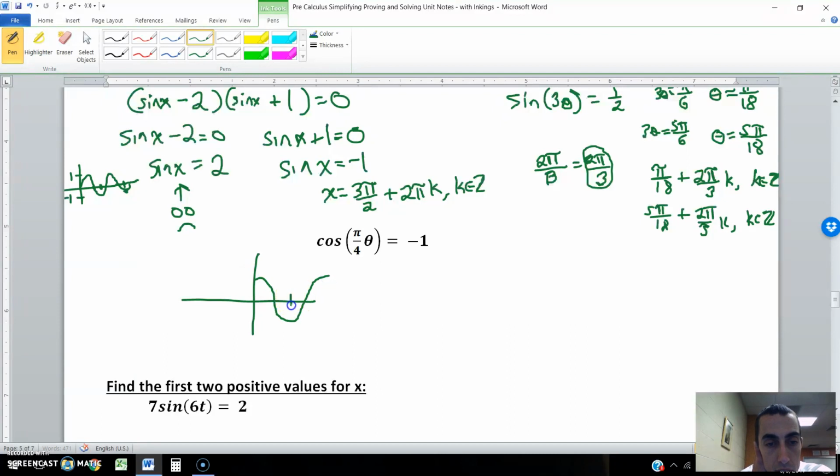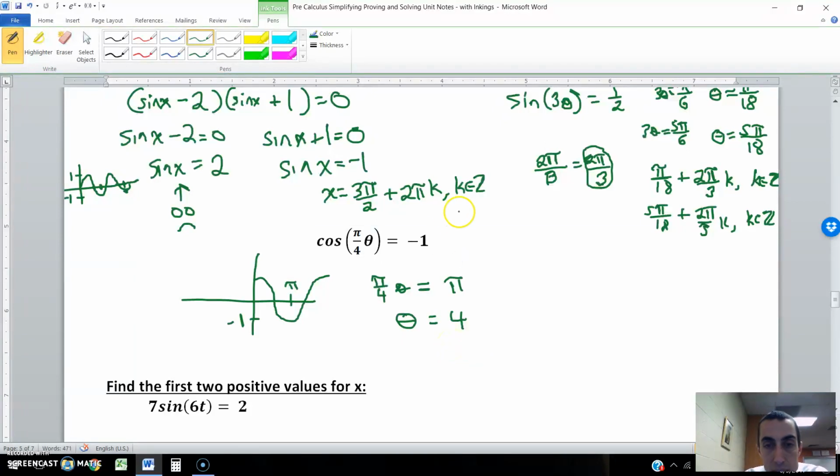The basic cosine graph has a y value of -1 at pi radians. And so pi over 4 times theta is going to be equal to pi radians. To find out what theta equals, we divide both sides by pi over 4. When you keep, change, flip, you're going to see that theta equals 4.